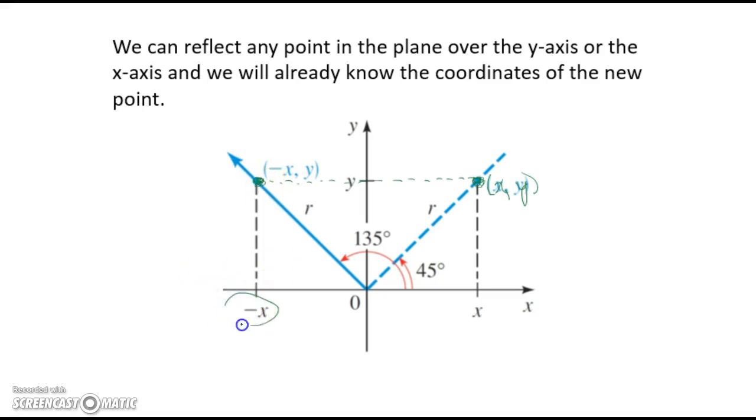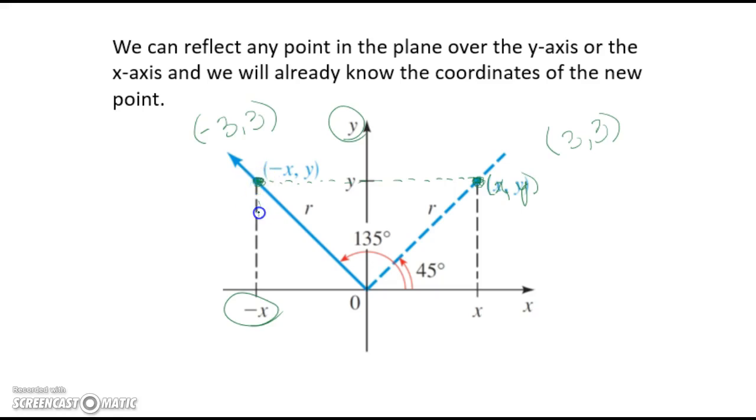We're on the negative end of the x-axis, positive end of the y-axis, and so we're going to have the exact same numbers, whatever these numbers are. Let's say this was the point 3, 3 in the plane. We would know that it would reflect over the y-axis directly to the point negative 3, 3.